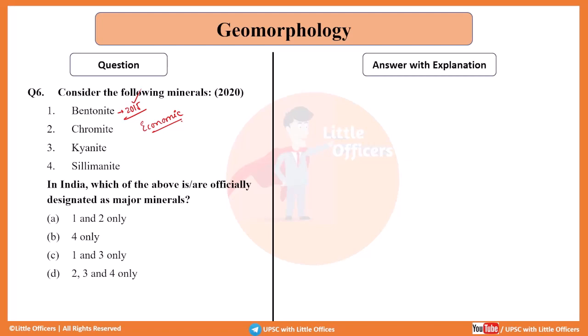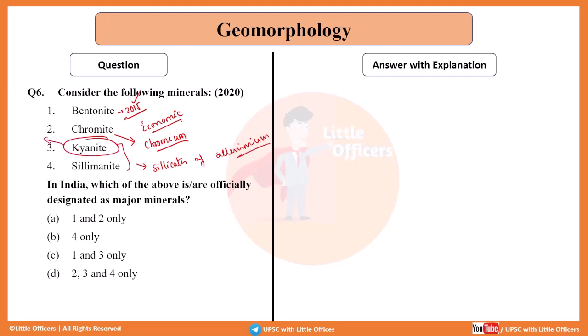Then chromite. See, chromite, as the name suggests, is a source of chromium, and it is a major mineral. Similarly, kyanite and sillimanite, both of them are good sources of aluminum, but not ores. They are silicates of aluminum. Kyanite, you can see, is bluish in color.